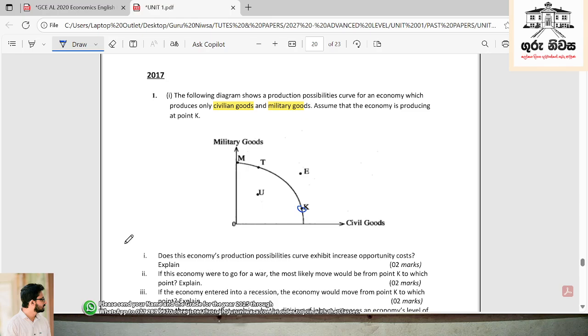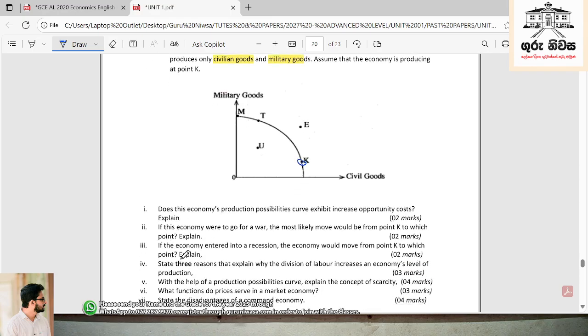Remember, if you see a point on the curve, it means the economy has achieved productive efficiency. It means full employment and full production are there. Productive efficiency is there, so the economy is good.